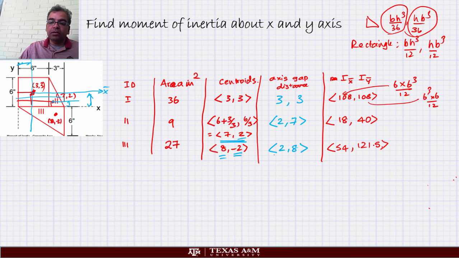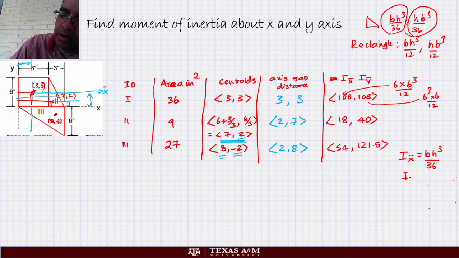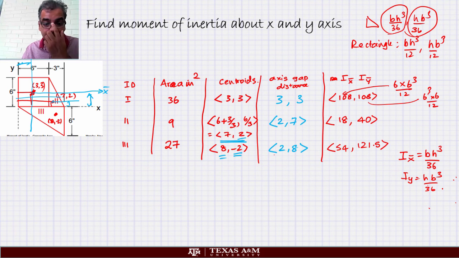So all I did was Ix bar equals base h cubed over 36 and Iy bar is h base cubed over 36. Compute this thing and I'll get these numbers.